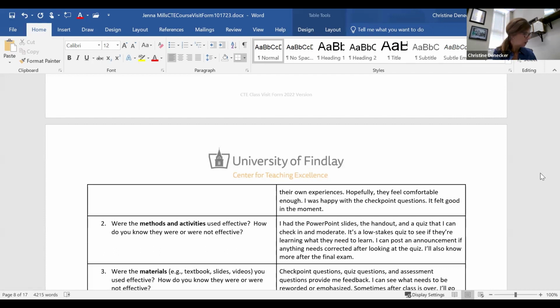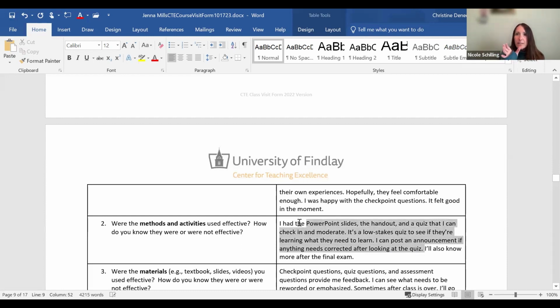I do think she's showing her flexibility, in terms of, I can post an announcement if anything needs corrected after looking at the quiz. That's showing me that she's responding flexibly to the needs of those students in the moment as the class is being enacted. So we want to put that back in 3E.